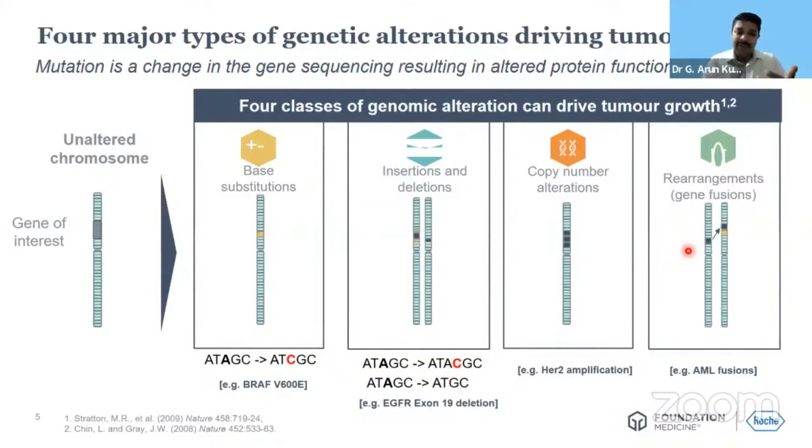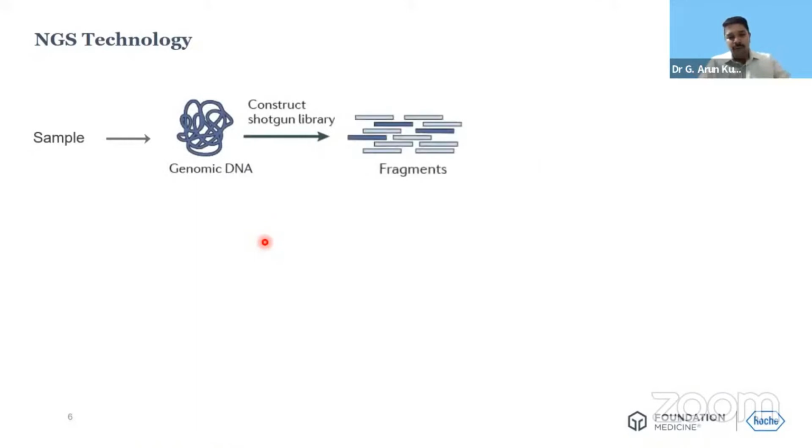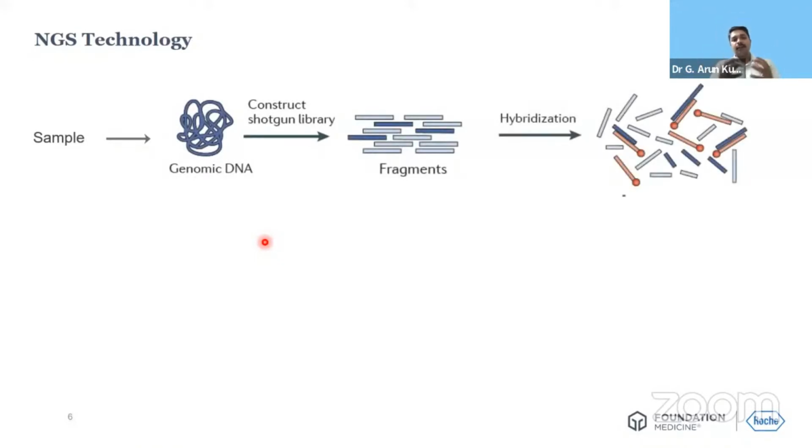Now, next generation sequencing is a technology that can detect all these four classes of genetic aberrations in a very accurate format. So basically what happens in an NGS technology is whenever you have a sample, you extract the nucleic acid from it, you chop the nucleic acid into 150 base fragments, and then you hybridize them with what are called baits or probes.